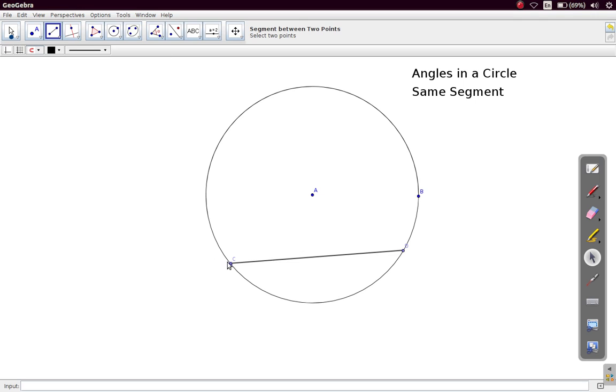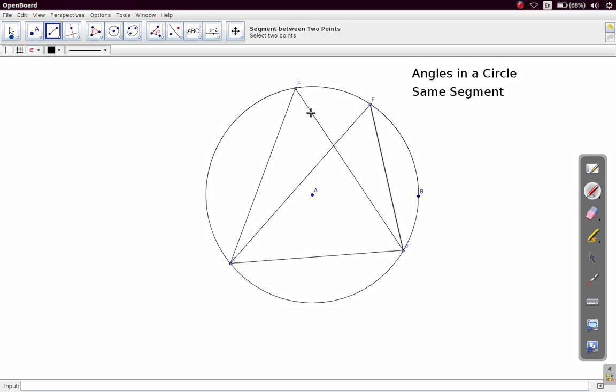We have two other chords that form an angle at the circumference, like this. Good. Then we have two more chords that form another angle at the circumference, like this. What we want to do is compare this angle and this angle.